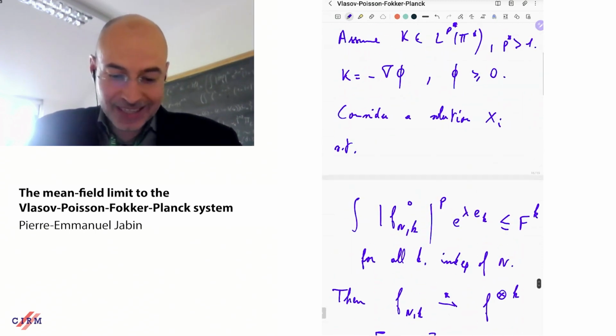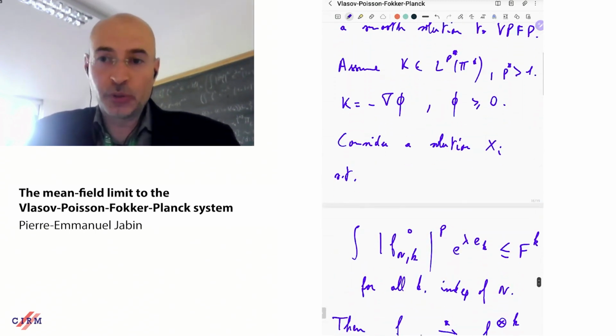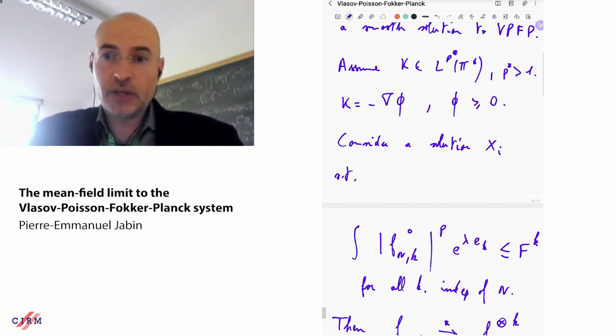If k is at least in L2, I know how to do it. And then yes, you find the same improved rate of convergence that Lacker had.